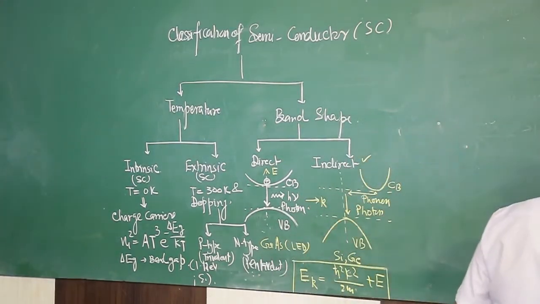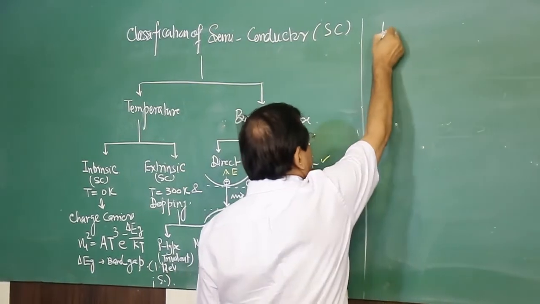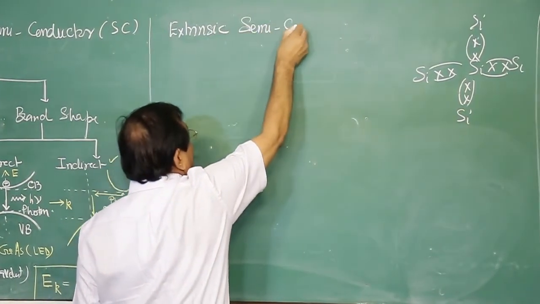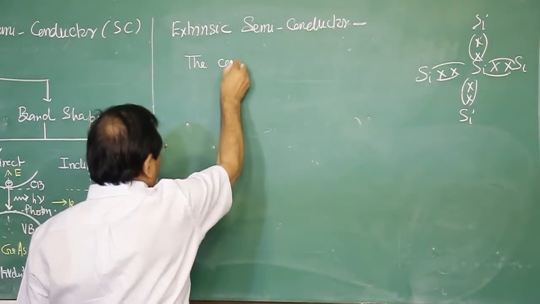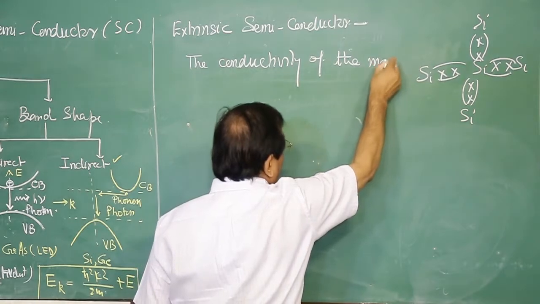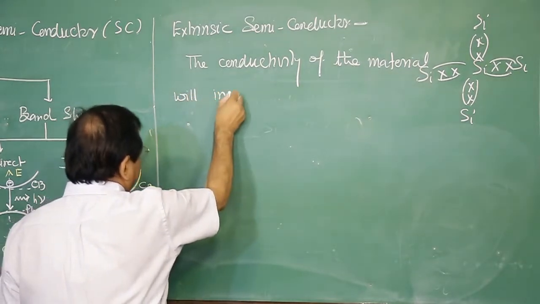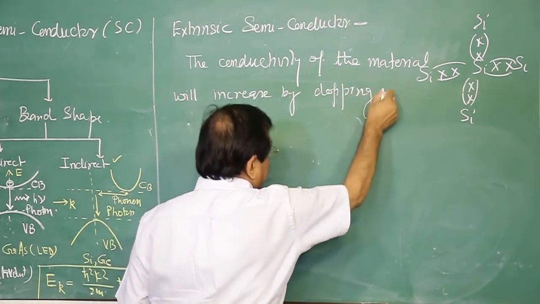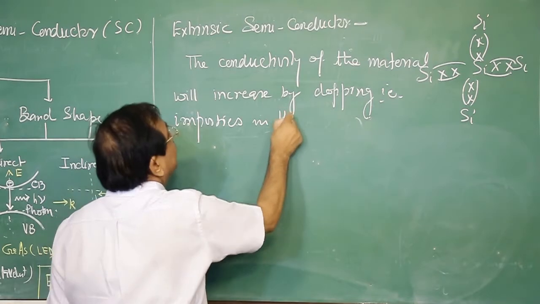In the extrinsic semiconductor, the conductivity of the material will increase by the doping, that is impurities in the semiconductor.